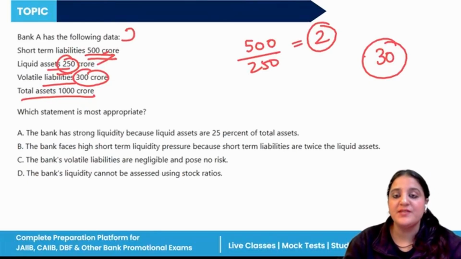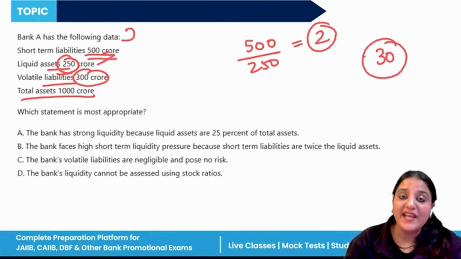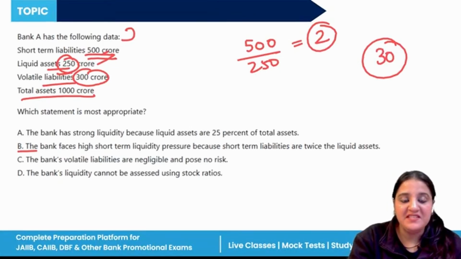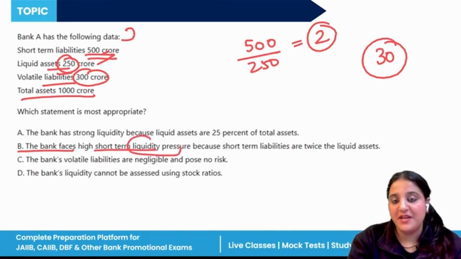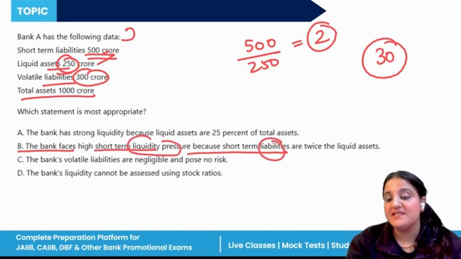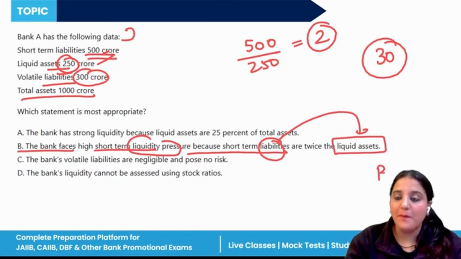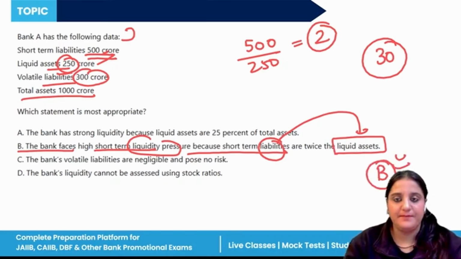So stock ratios clearly indicate high short-term liquidity pressure. So option B is correct here. The bank faces high short-term liquidity pressure because short-term liabilities are twice the liquid assets. So option B is correct here.